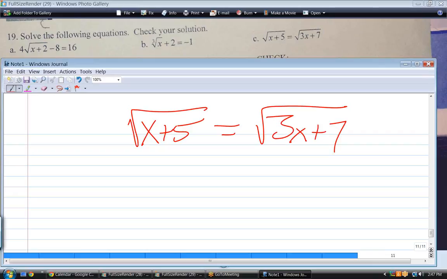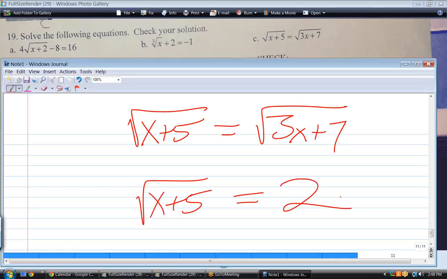What's our first step going to be? You could subtract 5. No, it's inside a radical sign. We can't do that. In other words, if I had something like this, I can't subtract 5 from both sides of that equation.